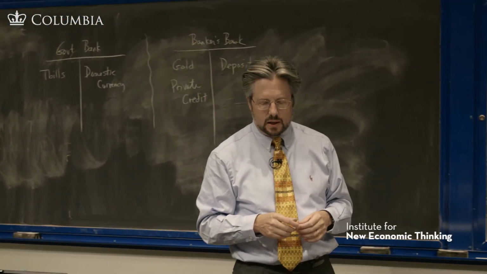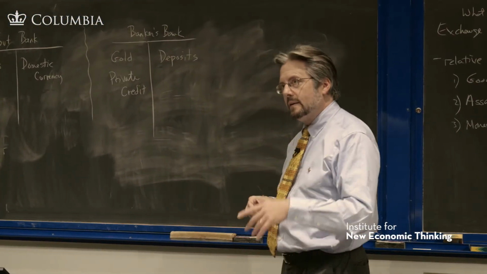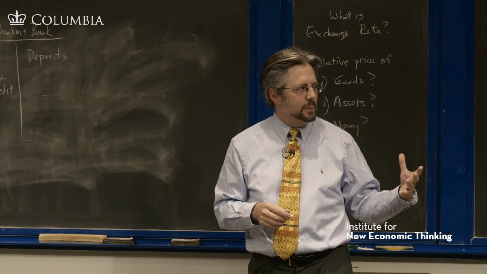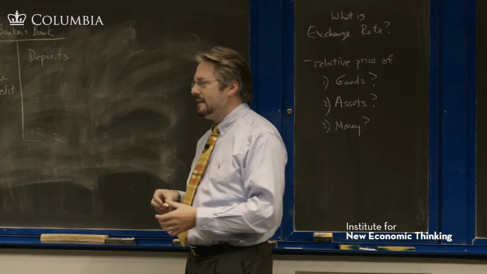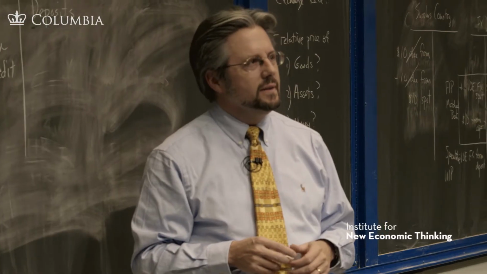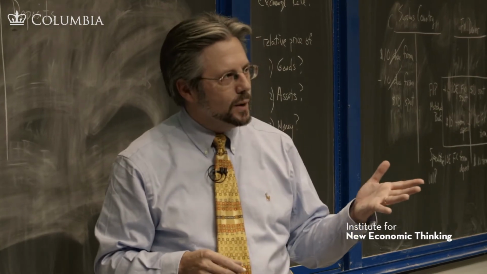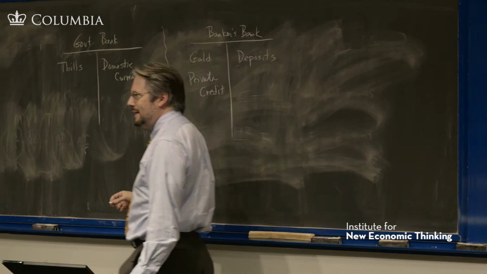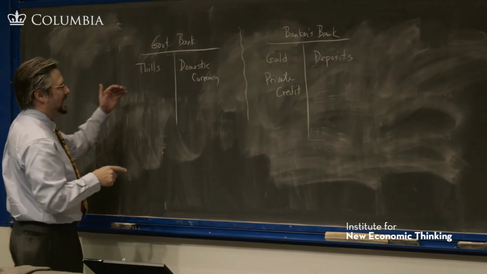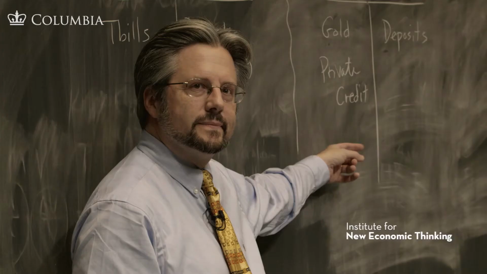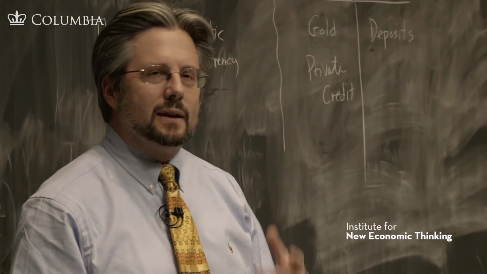Now comes war. Now we go back to, what is it, lecture 2 or 3, when we talked about how the Treasury Secretary funded the Civil War. What did he do? This is the very first thing I showed you in this class. What he did was to go to the private bank and say, I need a loan, please.